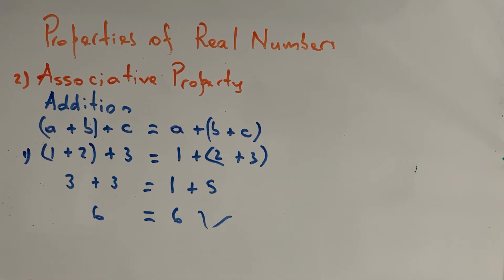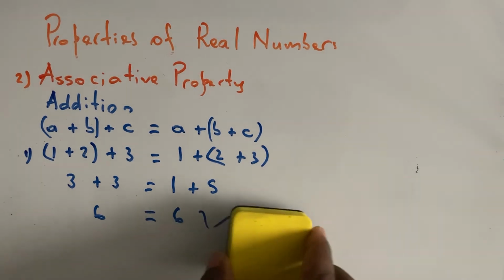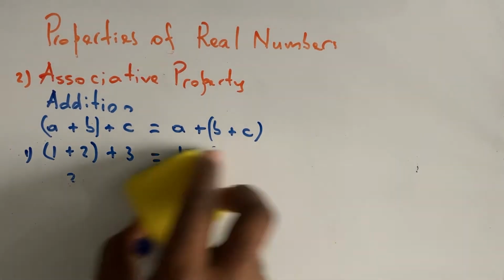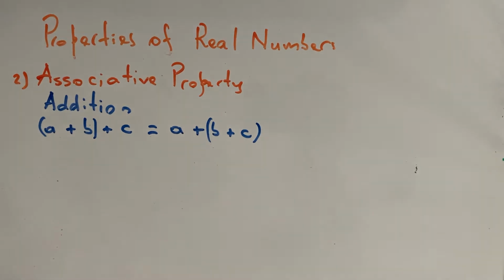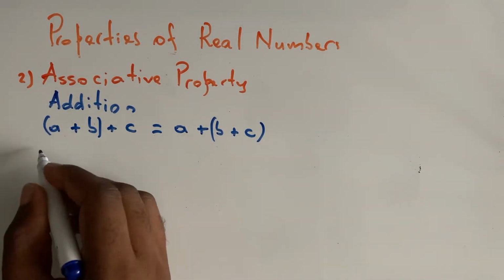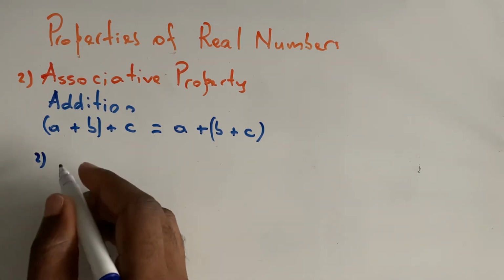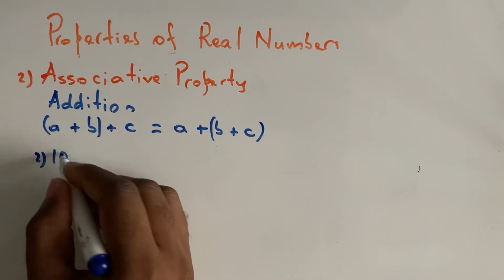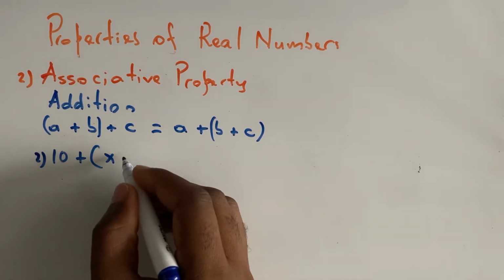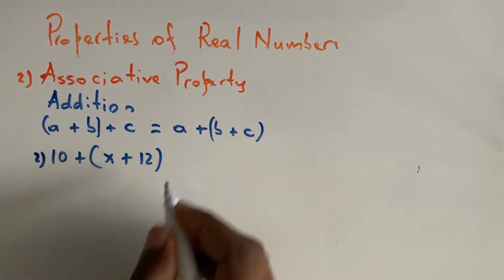Now, this principle will help you when you have variables and have to combine like terms or simplify something like 10 plus x plus 12, for example, okay?